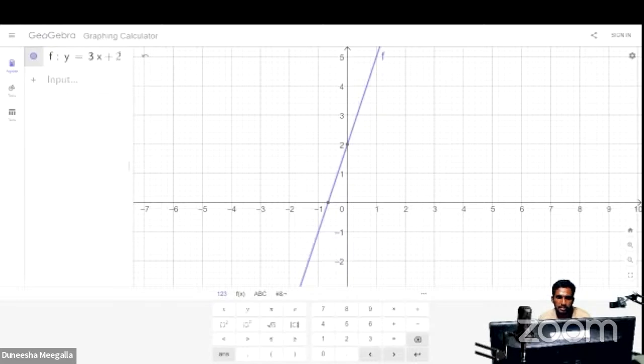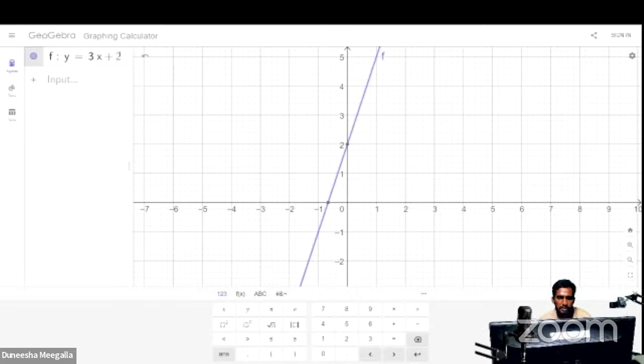So what is the point on the y axis? What is the coordinate of that point? Can you see? The coordinate of the intercepting point. I'm asking for the coordinate of that point.